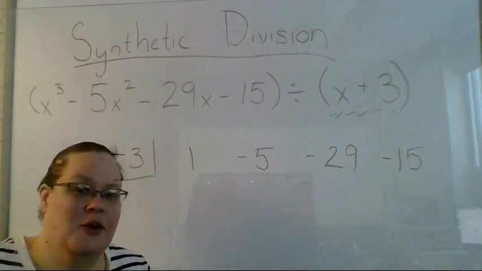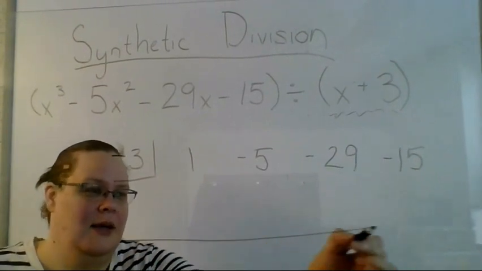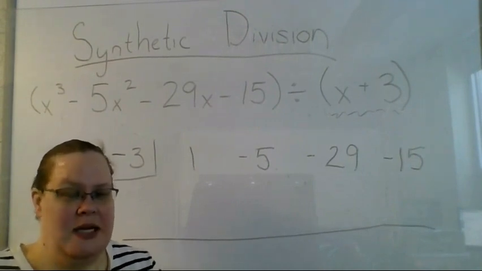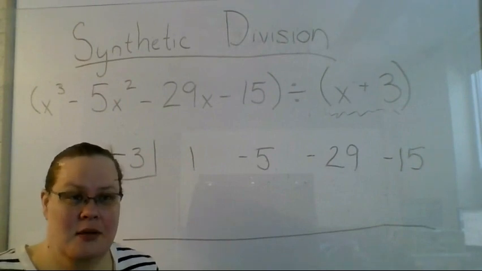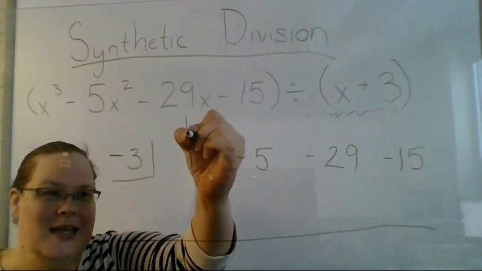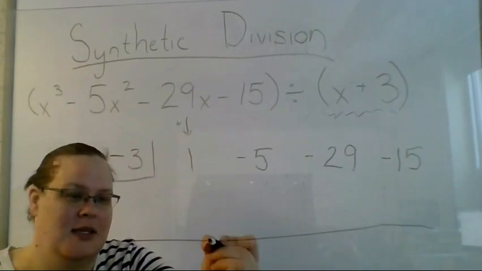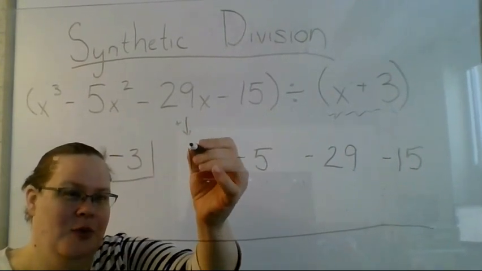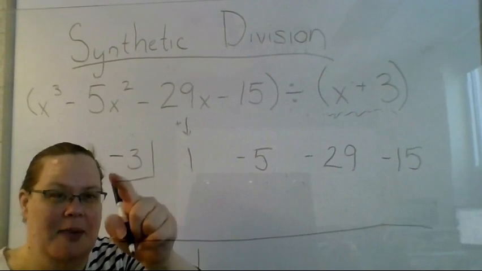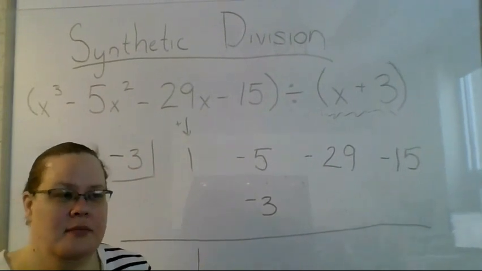The next thing we want to do before we start dividing is draw a line here just to separate our work. Once we get started, we're going to repeat the same steps. We always add in this direction, and then we'll do something else in a minute. So we bring down the 1, and now I multiply it by this -3. 1 times -3 is -3.